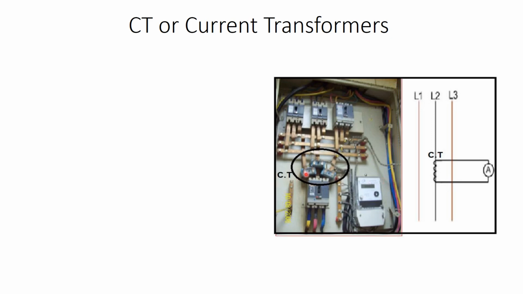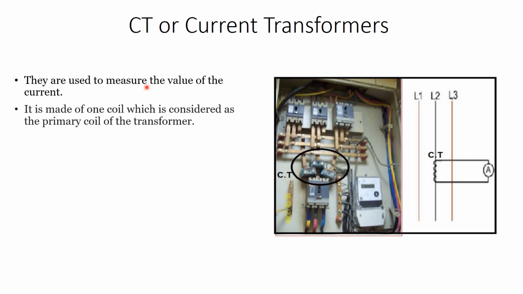So the current transformer is used for what? It is used for the measurement of current. So they are used to measure the value of the electrical current. It is made of one coil, which is considered as the primary coil of the transformer, as you can see here, one coil, which is inside this box. This current transformer has one coil surrounding the bus bar, or surrounding a cable.